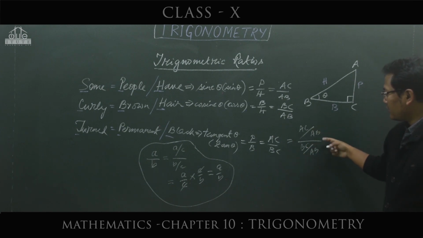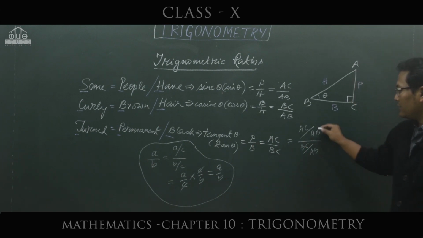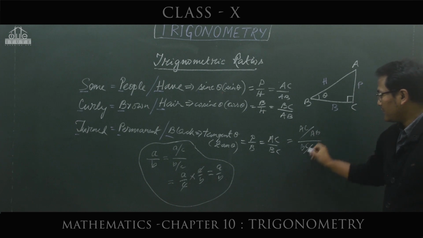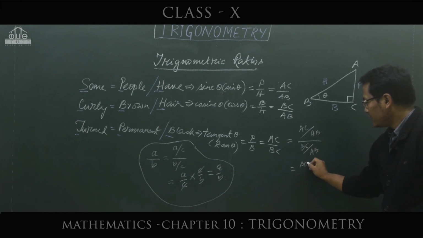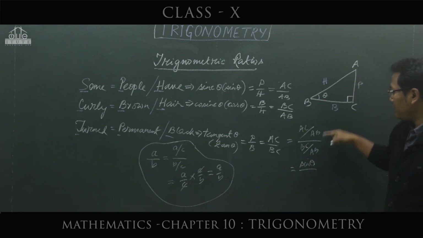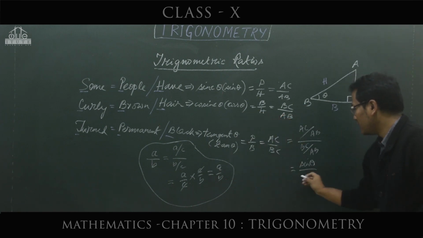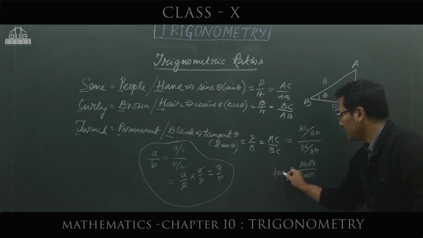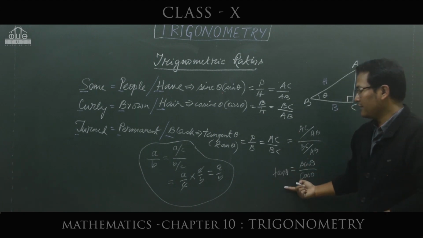So in this case also, I'm dividing both numerator and denominator by the hypotenuse, so it does not affect the tan theta value. AC by AB, that is perpendicular by hypotenuse, is equal to sin theta. So the numerator becomes sin theta, and BC by AB, meaning base by hypotenuse, means cos theta. So sin theta by cos theta is another representation of tan theta.